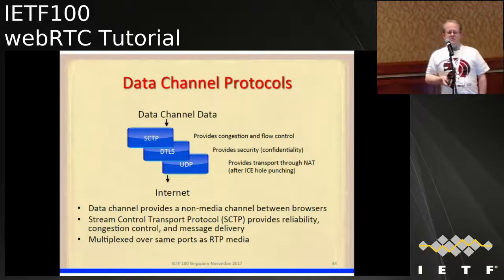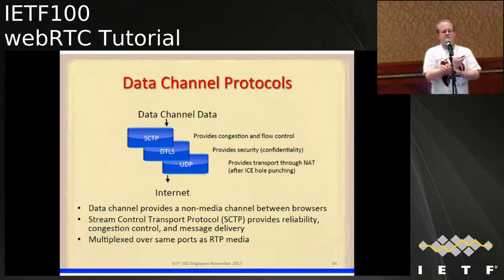So just briefly, I want to talk about the data channel. Again, it uses SCTP. Basically, for the data channel, we wanted to make sure that we had congestion and flow control for an arbitrary data channel. And so that's why we use SCTP on top of DTLS and UDP. I understand that some of the design of QUIC, or at least some of the motivation for how QUIC was designed, came from experience with building the data channel in WebRTC.